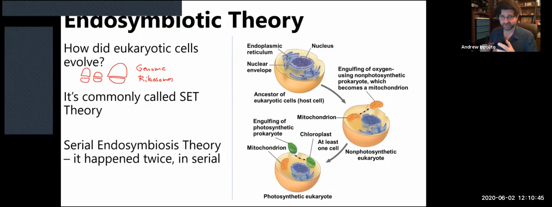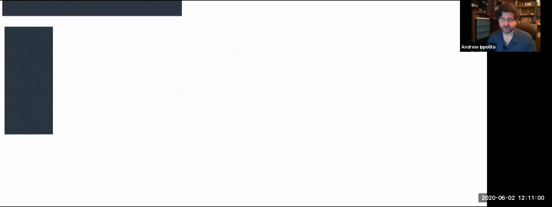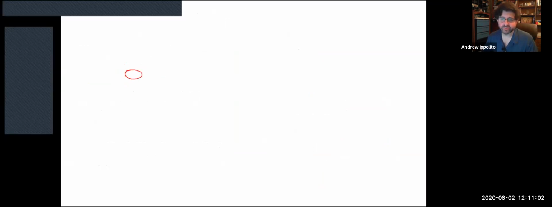Now, because of this, you had a cell that didn't make a lot of energy suddenly have a ton of energy. And because of that, it could expand and become more complex. And that's what gave rise to today's eukaryotes, okay? So the way you can think of evolution working here is you start out with the prokaryotes.